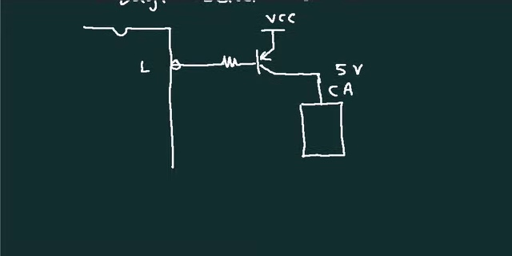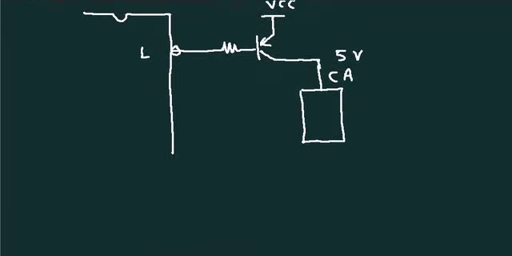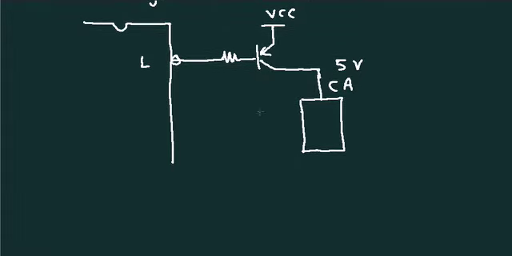Right. So, what about the segment data? Segment data is also active low. I have drawn this for one digit; for other digits a similar circuit has to be repeated.